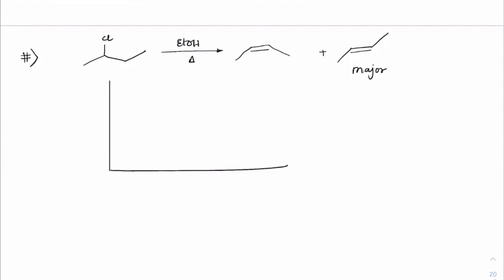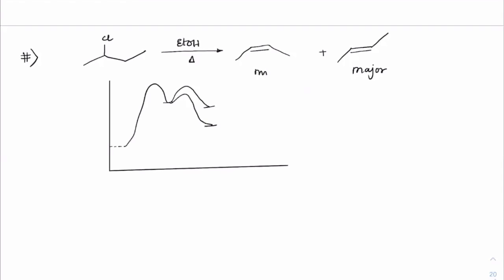So suppose this is where the E1 is starting, it comes to an intermediate here. From the intermediate, it is able to go to this molecule or to this molecule. Let me write this as minor, P1 and P2. Which one will be P1 here? This one is P1, this one is P2. So within the major also, you would observe which side it goes. It will go towards the trans side.